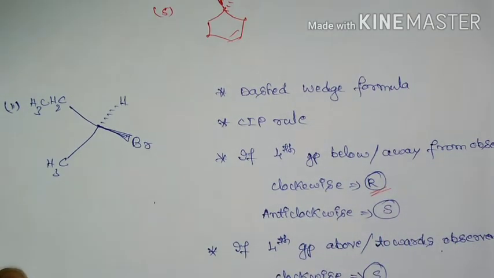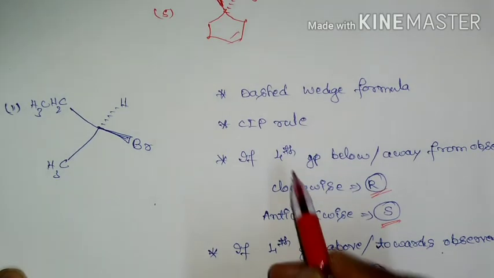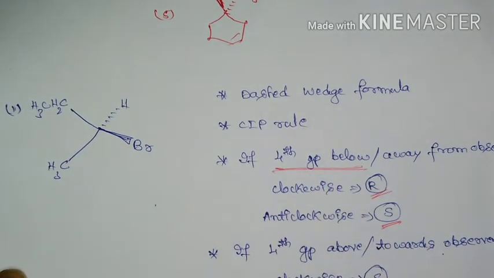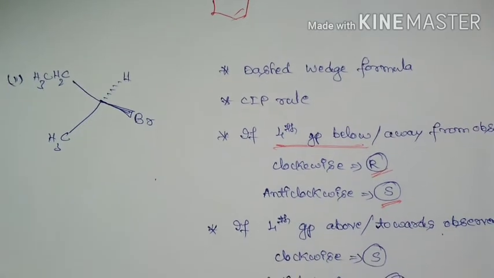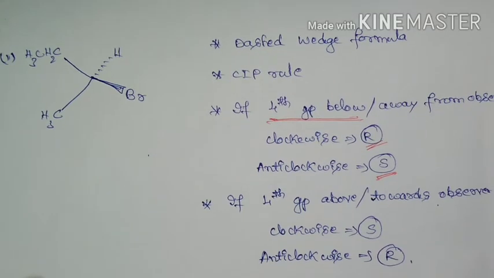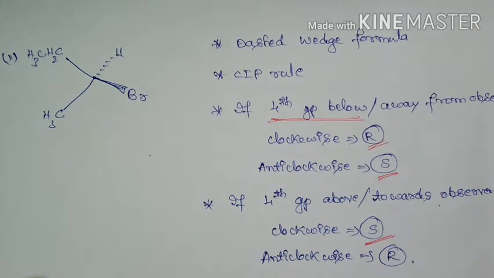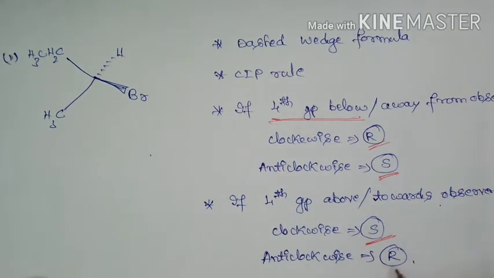If the priority moves in the anti-clockwise direction, then we assign S configuration. If the fourth group is above, or towards the observer, then clockwise movement of priority we can assign directly as S configuration. If it is anti-clockwise movement, then we directly assign R configuration.